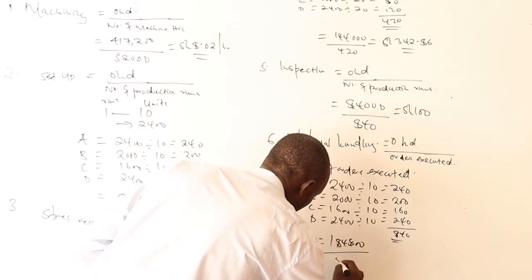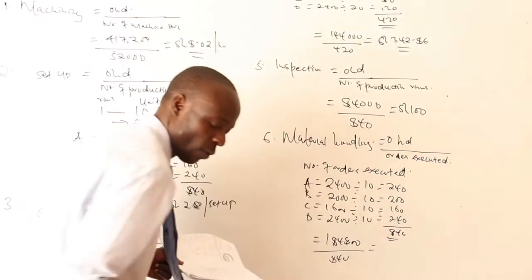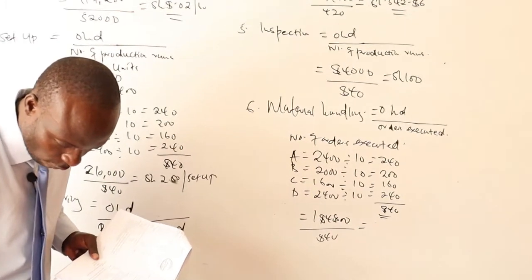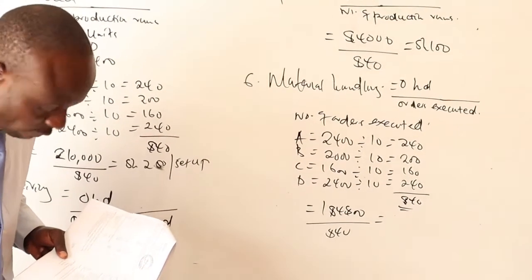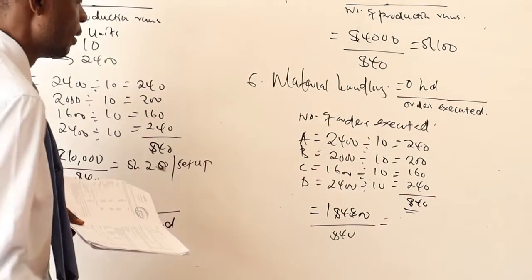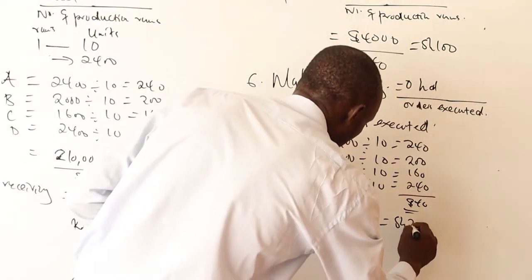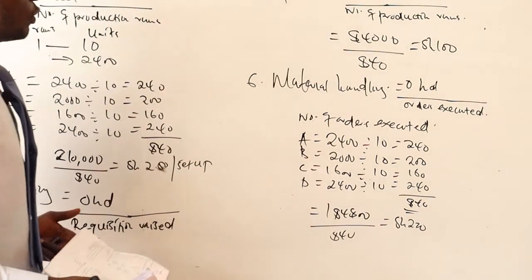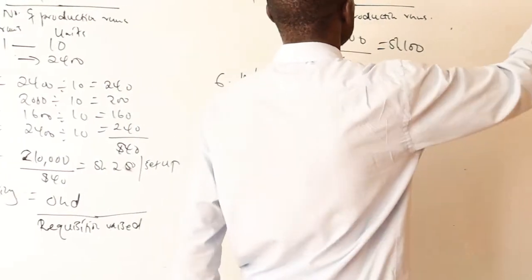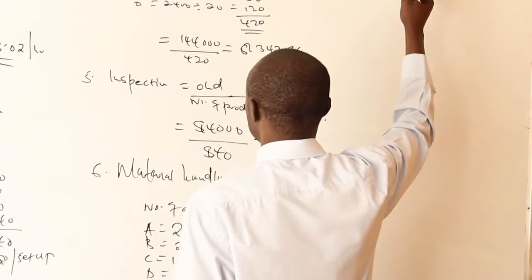So you divide 184,800 by 840. You get 220 shillings per order. So that is overheads. And then now we come here and finish the total cost per unit.